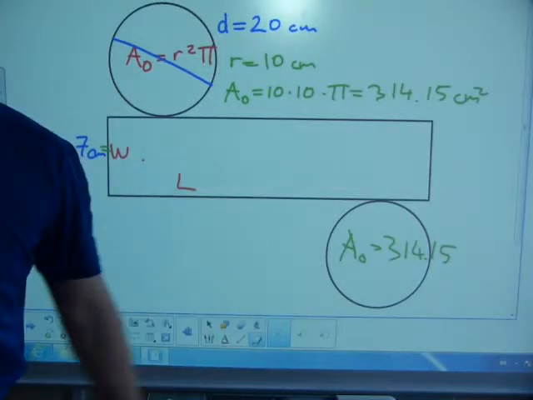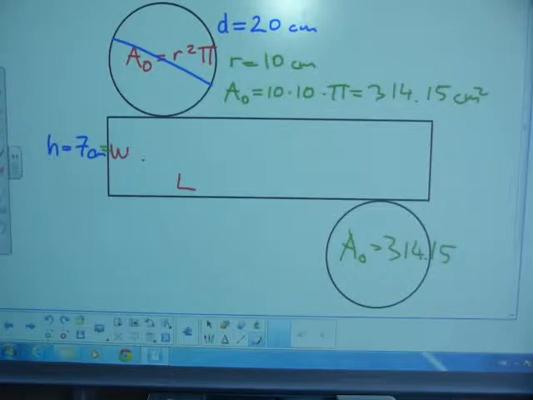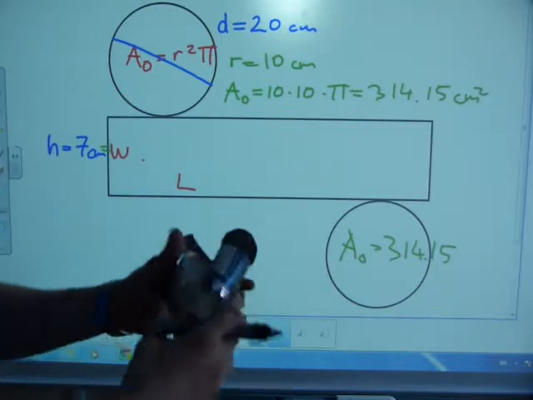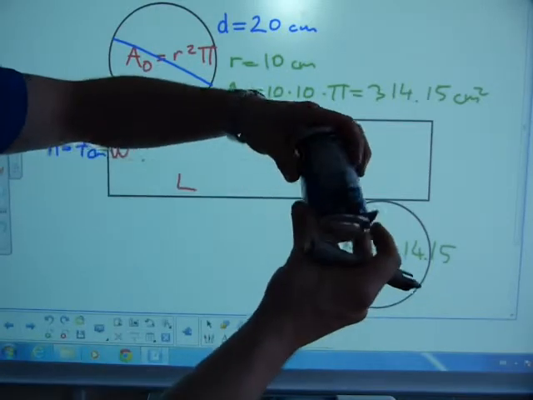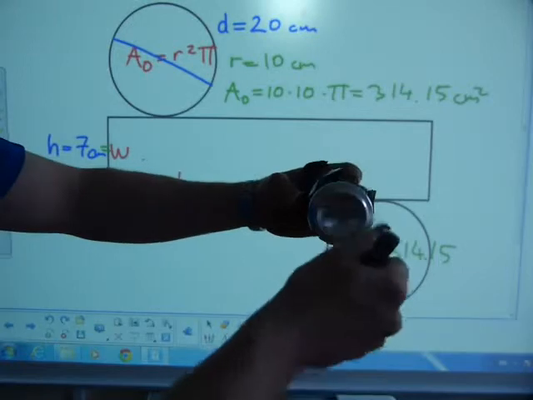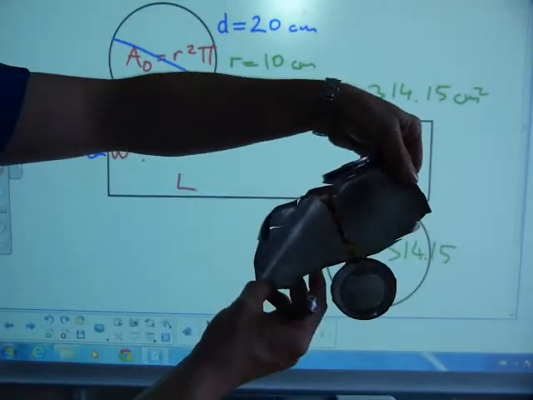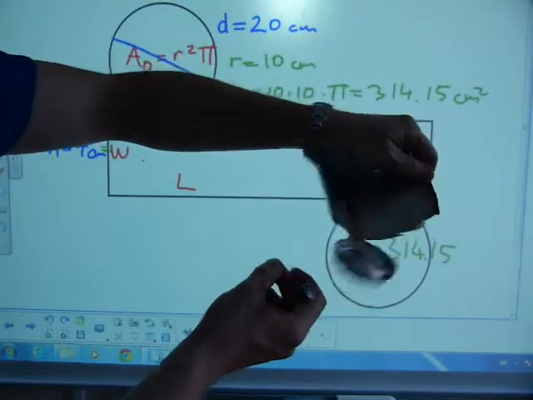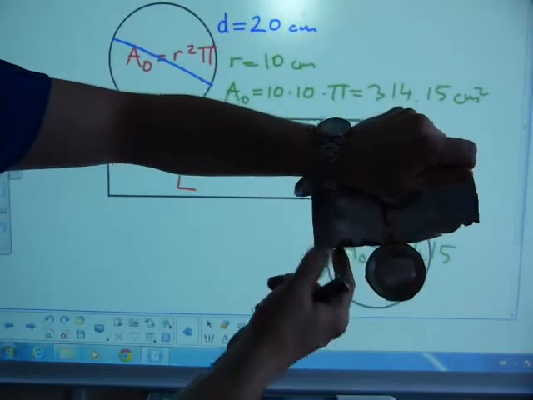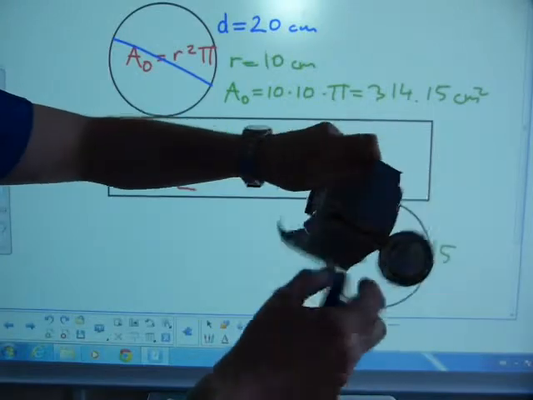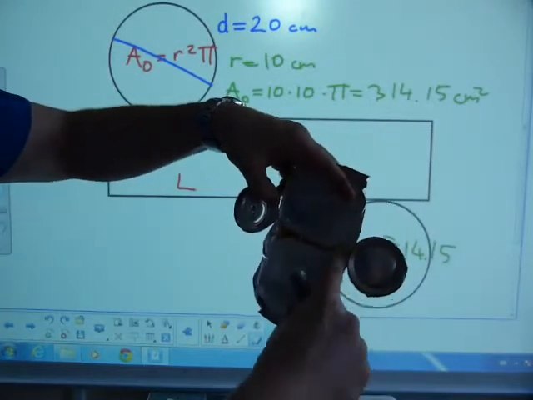Now the length of this rectangle needs to be considered carefully as well. And watch my hands, because I'm cheating here, as usual. When the cylinder is together, you see that this circle here fits this rectangle in an interesting fashion. The length of this edge on this rectangle fits this feature of the circle.